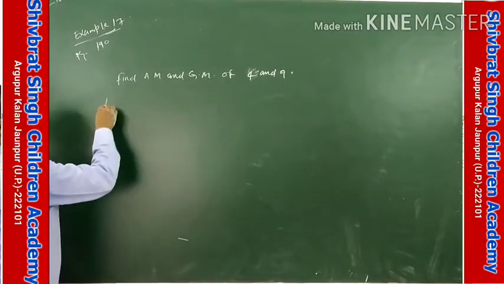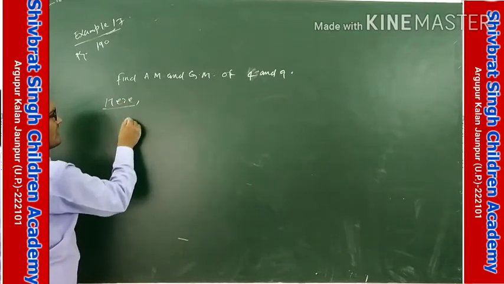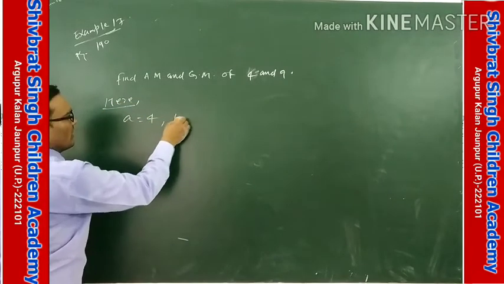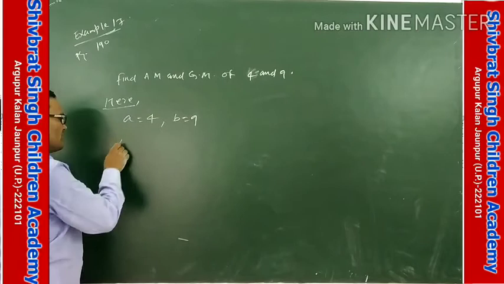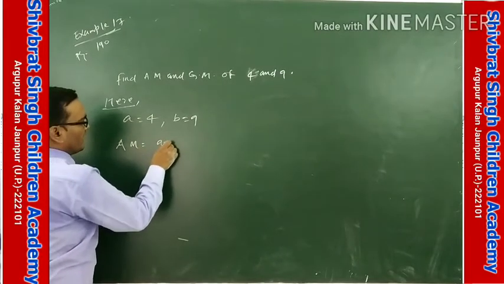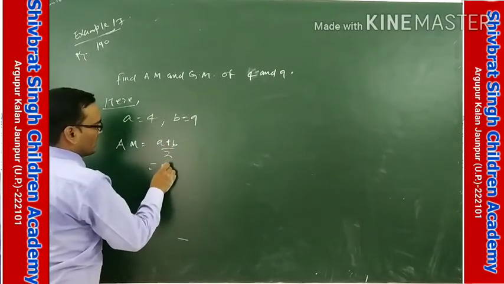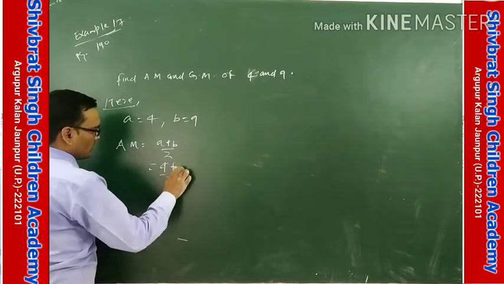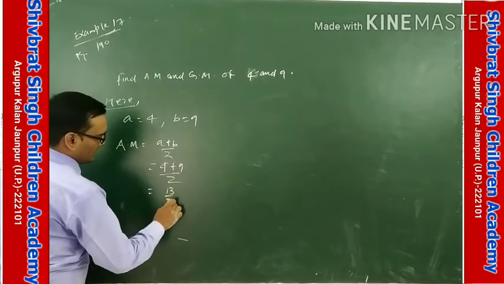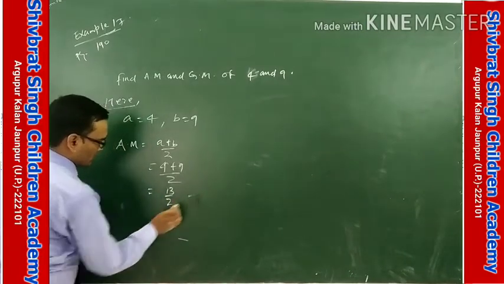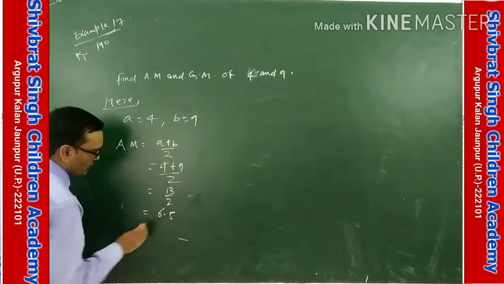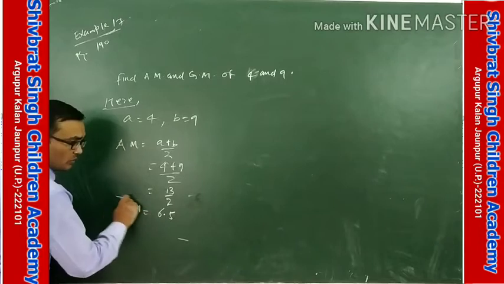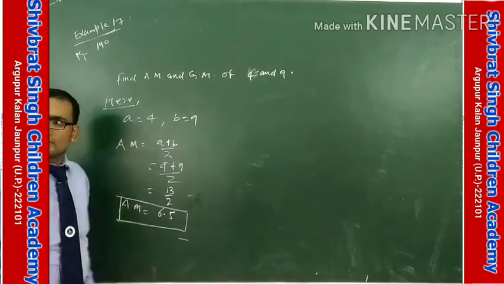Here a equals 4 and b equals 9, then AM equals (a plus b) by 2, that means (4 plus 9) by 2, that means 13 by 2, which equals 6.5. AM equals 6.5.